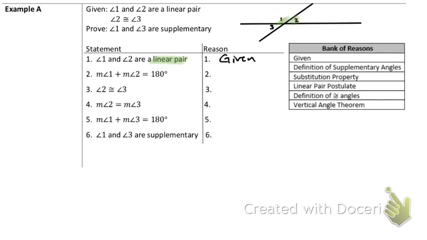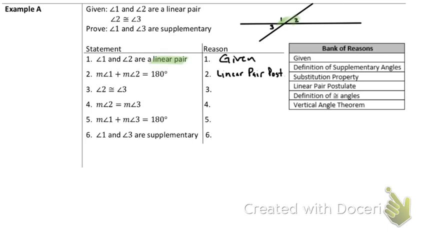This reason is why I put this: measure of angle 1 plus measure of angle 2 better equal 180. The reason for that is what we call a linear pair postulate. When you have a linear pair, you can add them up and put them equal to 180. So we would put linear pair postulate. And I'll just shorthand it because I'm running out of room.